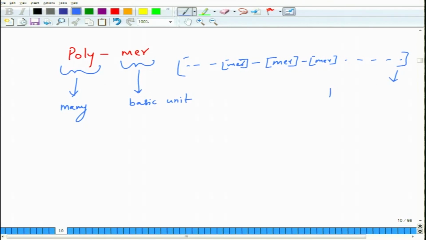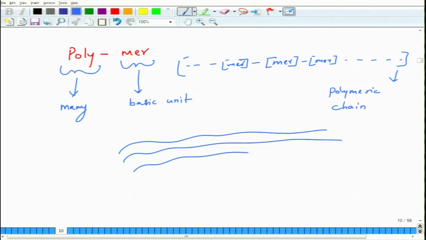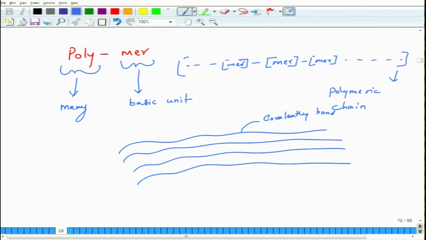This is a polymeric chain, which is typically covalently bonded within the chain. If you have many such chains, the chains are covalently bonded within, but between chains you have secondary bonding. This secondary bonding between the chains allows flexibility in the structure of polymers.